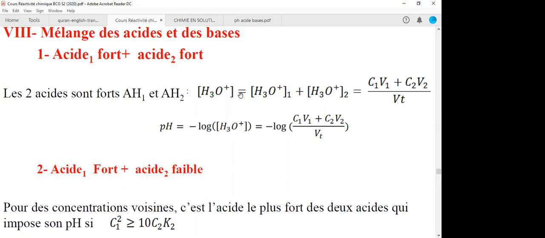For us to find the total number of moles of H3O+, we add the number of moles of H3O+ from the first acid plus the number from the second acid. And then we need to take into consideration the volume. Like if the first acid's volume was 50 mL and the second acid's volume was 50 mL, when we put them together, what is going to be the total volume?